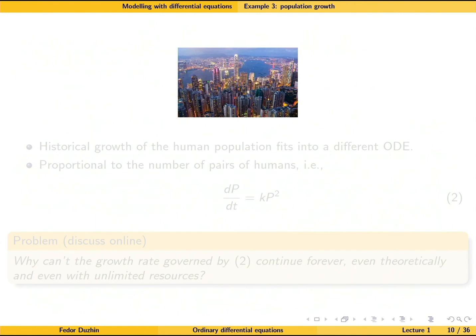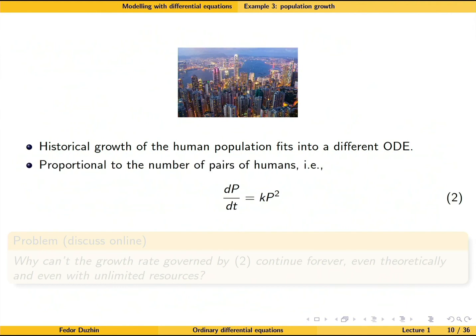Well, then a little challenging question for you is the following: if you try to figure out which differential equation the human population satisfies, then you will see that the growth rate is proportional not to the current population, but rather to the number of pairs of the current population.